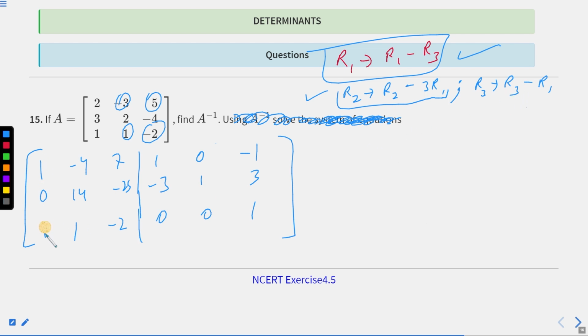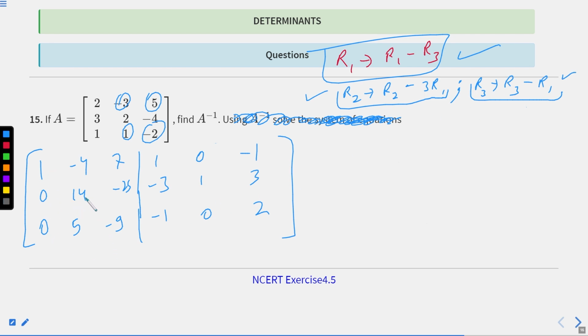So this minus this, 0. 1 minus minus 4 will be 1 plus 4, which means 5. Minus 2 minus 7 will be minus 9. 0 minus 1, minus 1. 0 minus 0. 1 minus minus 1 will give you 2. So done. So 1 0 0.